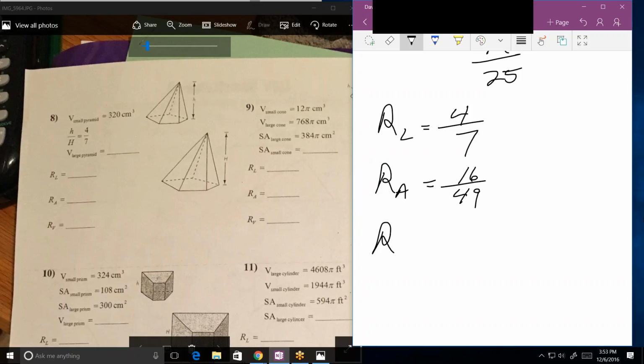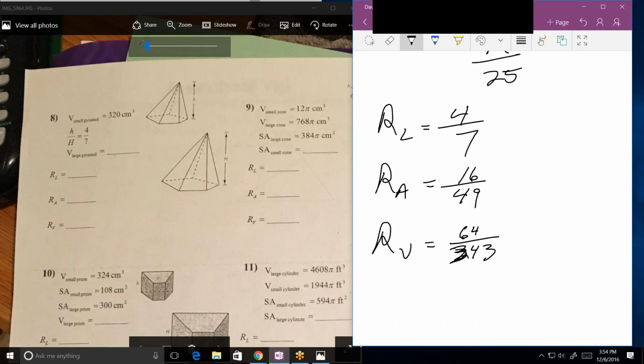And R sub V. That comes into play here because this is a three-dimensional object, so we're going to have to deal with R sub V at this point. 64 to 343. 343? Yeah, 7 cubed is 343. What's wrong with me? I knew that. Okay. And they give you the volume of the small pyramid.